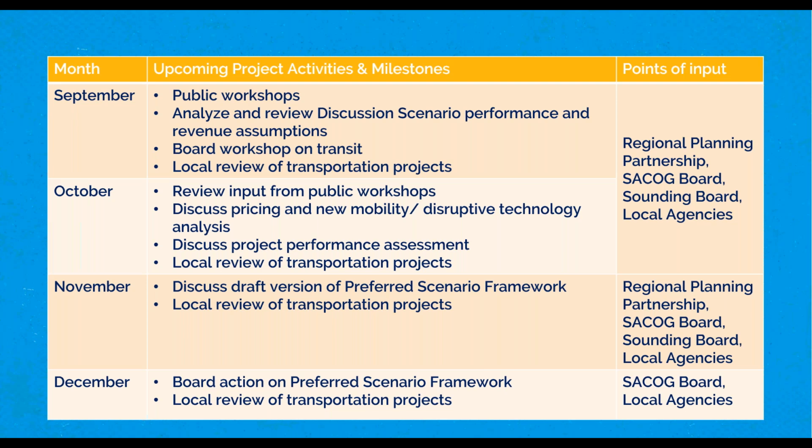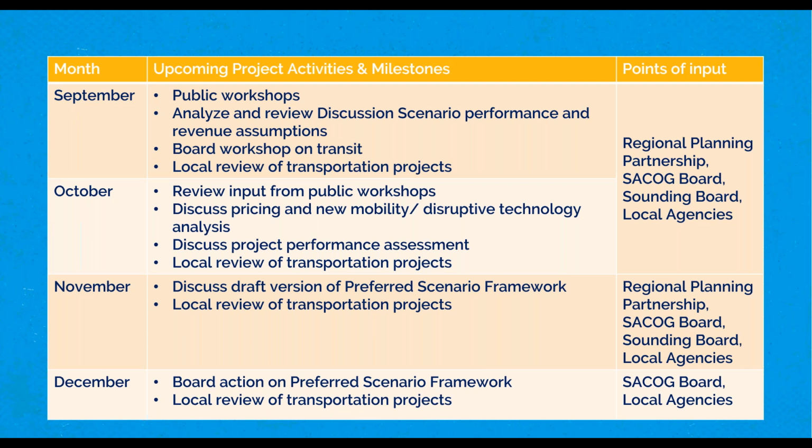And then we will use this to have a dialogue with you all, have a dialogue with our board to discuss some of the performance outcomes, the implications with the plan, the financial assumptions in the plan, and what the policy goals of our plan are. Then we use all of that information this fall to take what we learned from this discussion draft and have our board take an action on a preferred scenario framework.